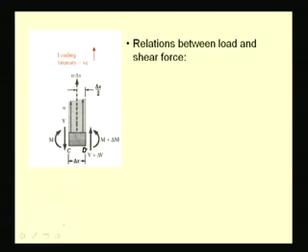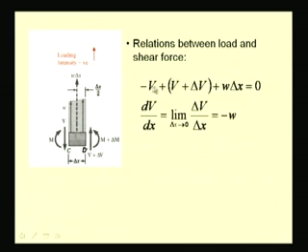Let us first derive the relation between the load and the shear force. For equilibrium of this element CD, the total forces has to be 0, from which we get minus V, the force at C, plus the upward force V plus delta V at D, plus the upward forces which are applied, that is W delta x on this incremental beam portion, to be equal to 0.